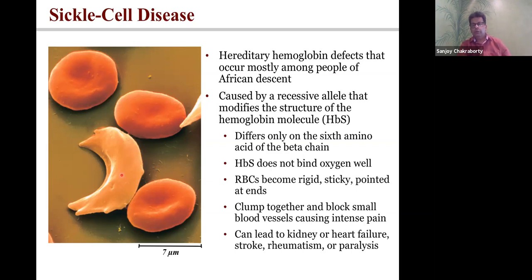Remember, hemoglobin has 2 alpha chains and 2 beta chains. Some people lack the proper allele, they have defective genetic information, and they produce a defective beta chain, which causes the red blood cell to collapse into a sickle when the oxygen concentration is low, and it can cause severe anemia in those people.